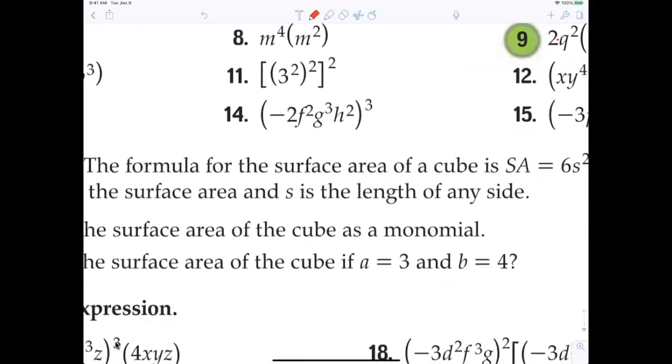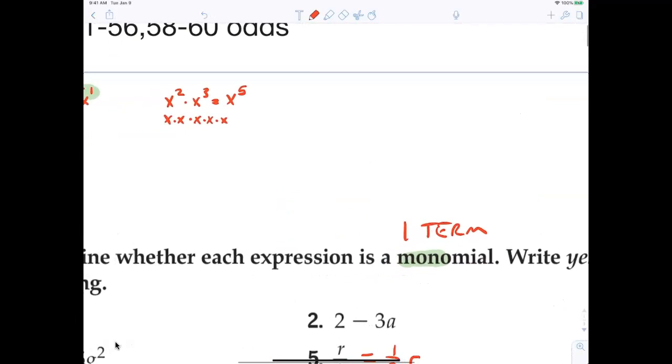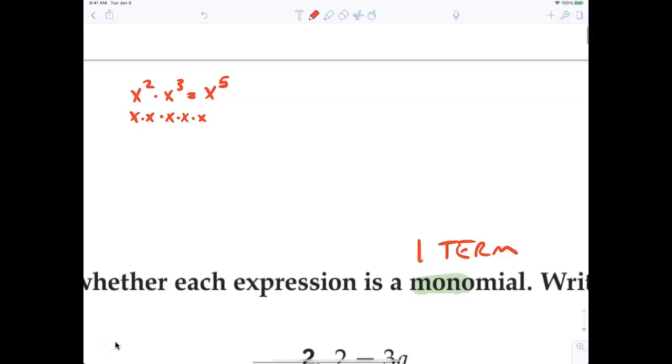Now I want to show you powers. I want to show you the rule for powers. I'm going back to my notes up here to teach you how to learn powers. Let's say I said x squared cubed. Somebody tell me what x squared cubed means.